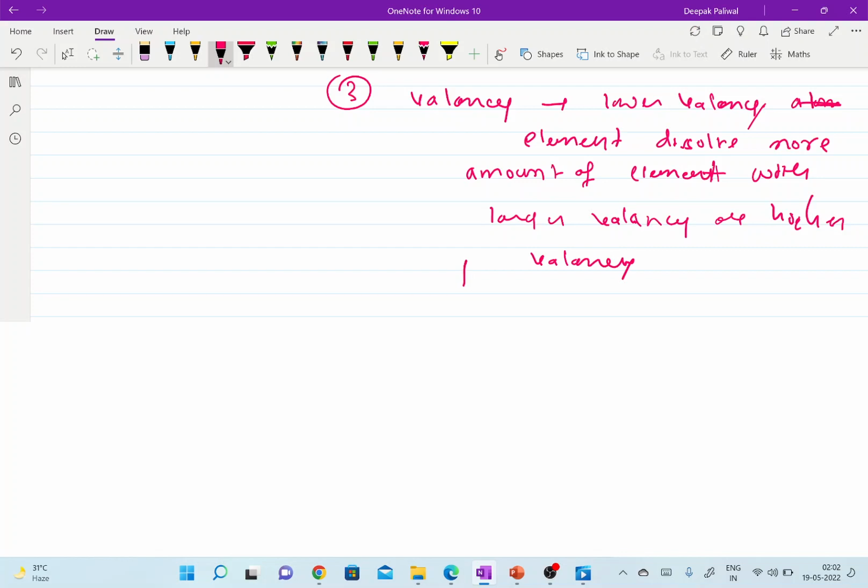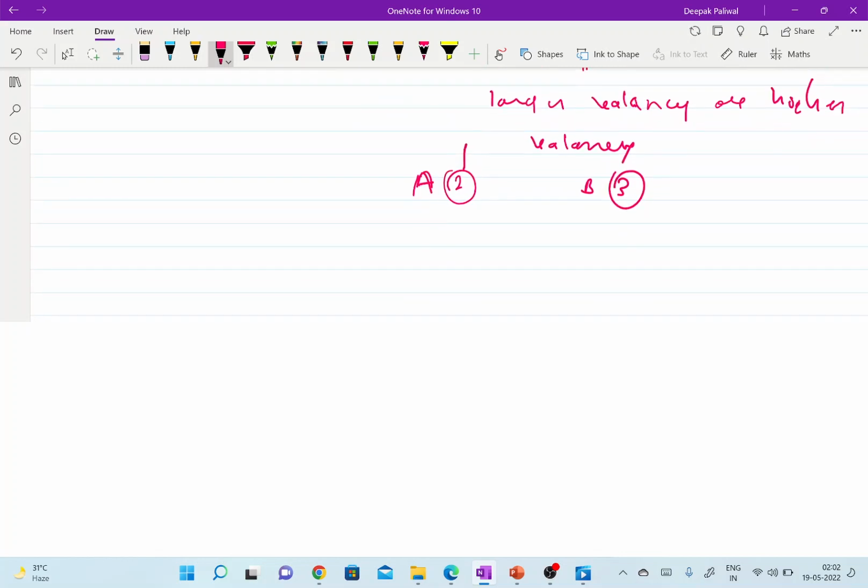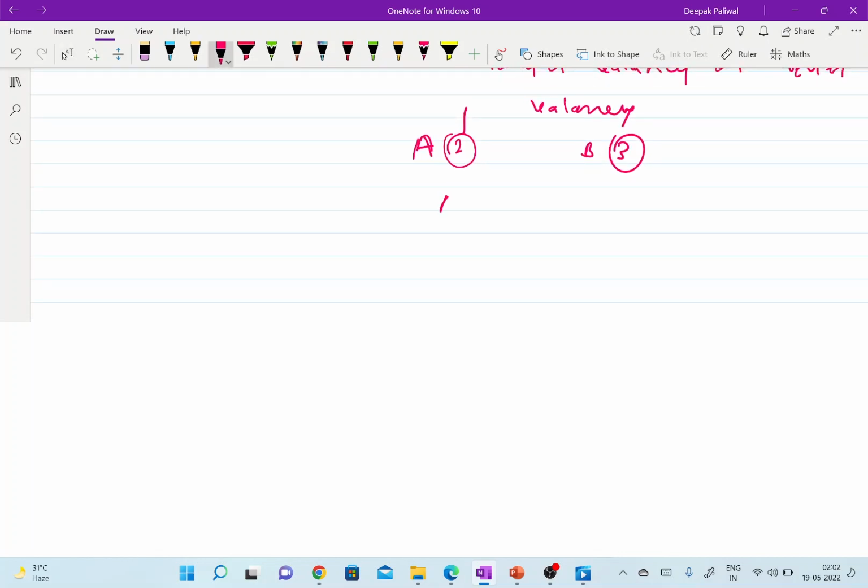Suppose element A has valency 2 and element B has valency 3. Then A can dissolve more B, but B dissolves less A. So these are the rules.